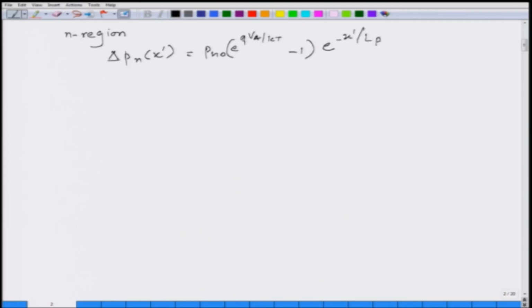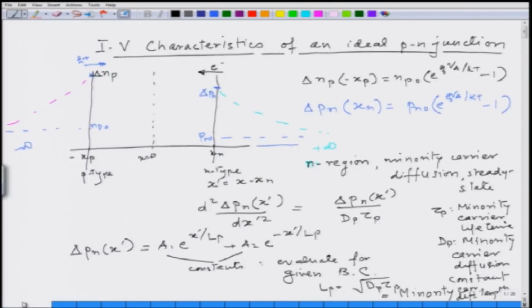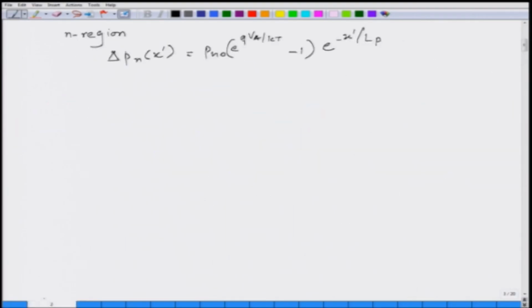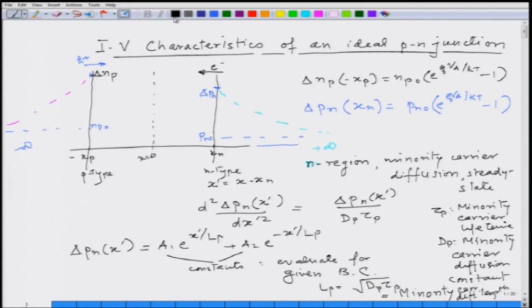Although I had earlier just drawn a figure of how this concentration will change, now I have an expression which says it changes in x prime in exponential form, which means I was correct in assuming this form. The excess carrier concentration is going to decrease exponentially. This is what we have obtained.